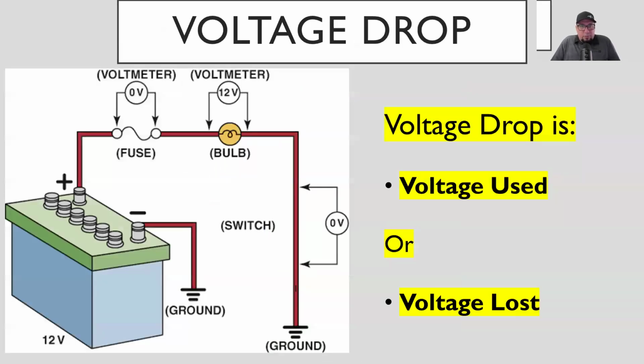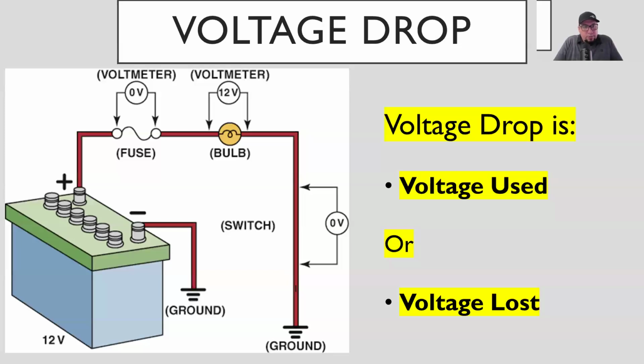Now, here's a definition. The definition of a voltage drop is voltage used or voltage lost. The main things that use voltage in a circuit are resistors. In this picture, the bulb is the only resistor in the circuit. So if we have a 12-volt battery, the bulb should be using almost all 12 volts.